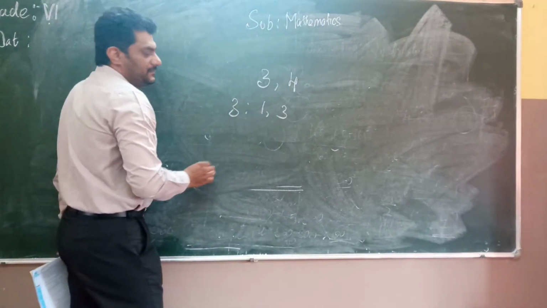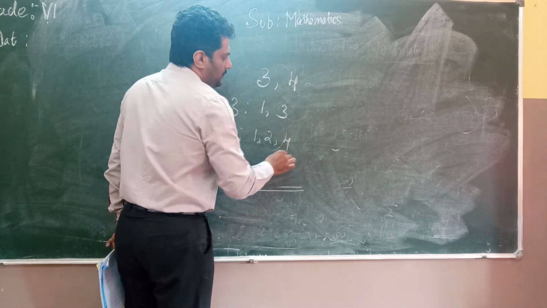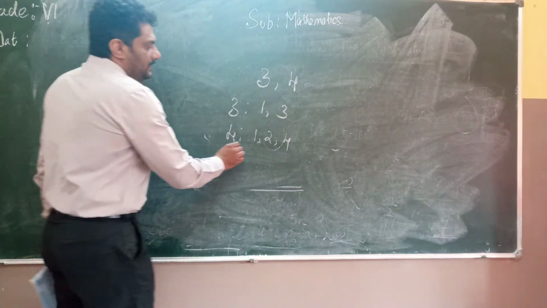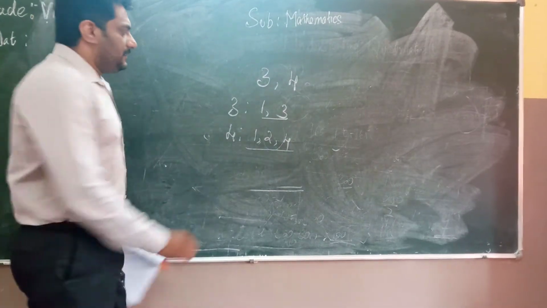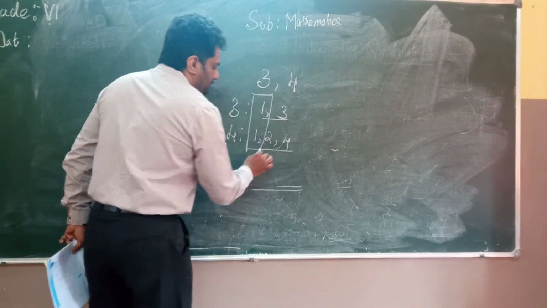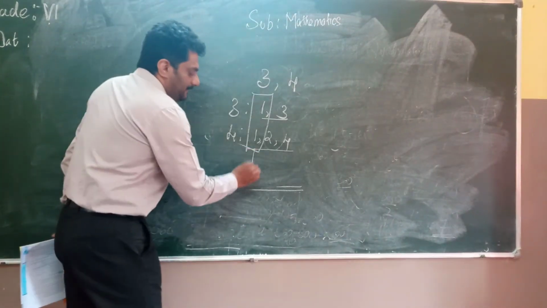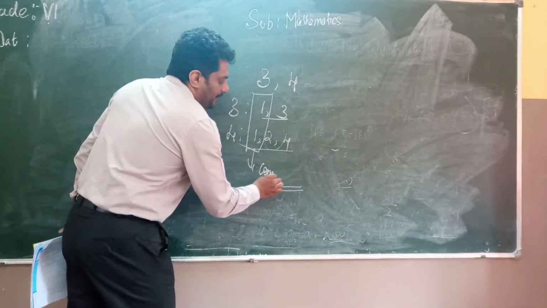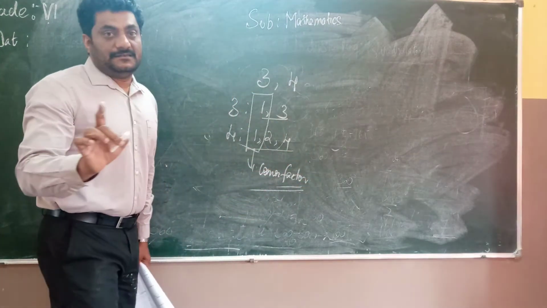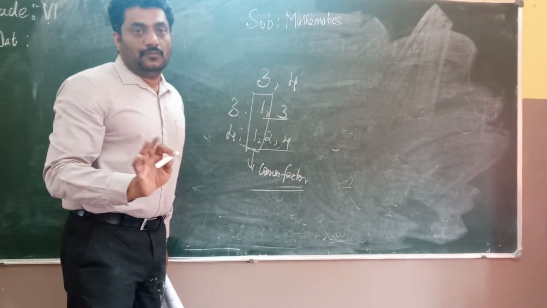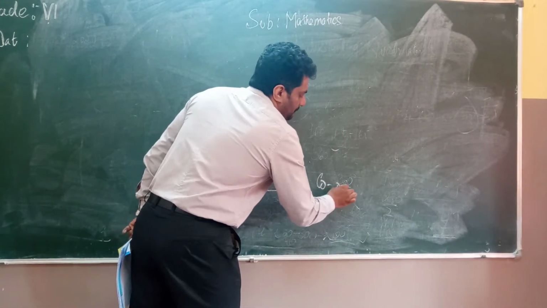What are the factors of 4? 1, 2, 4. Now these are the factors of 3 and 4. In this list, we have 1 as common. So whenever you get only 1 as a common factor, there should not be 2.